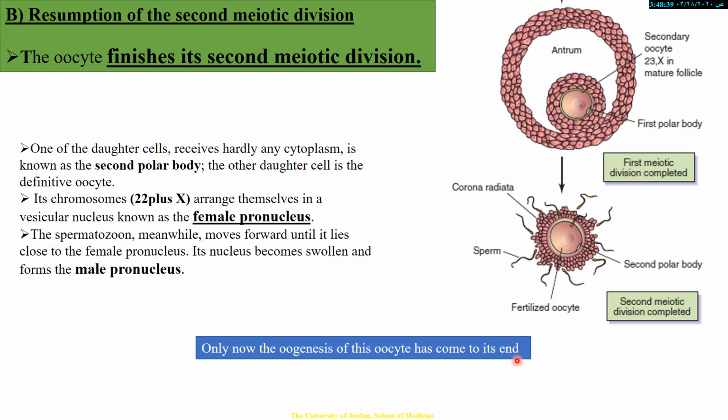Now the tertiary follicle would have inside it the secondary oocyte. So the journey is at least 14 years for any possible oocyte to become secondary oocyte.